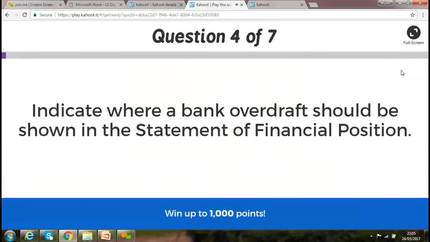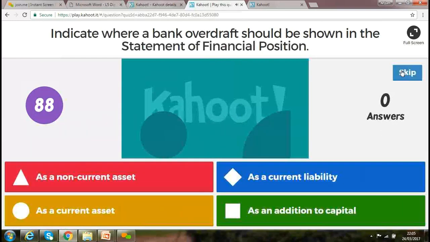Next, bank overdraft. We have the question where a bank overdraft should be shown. Non-current asset. It's a current liability. So bank overdraft, is it our asset?